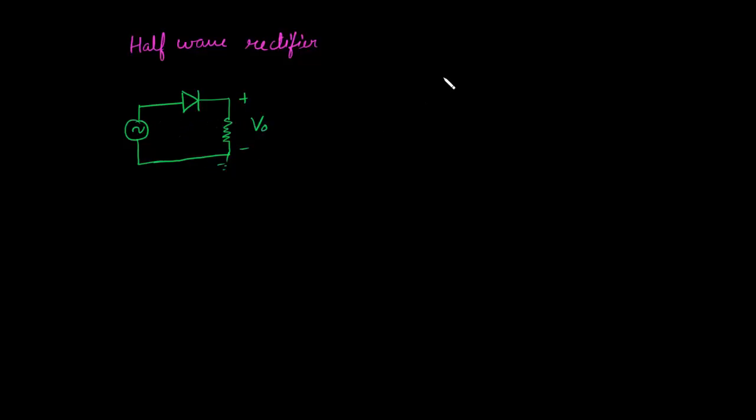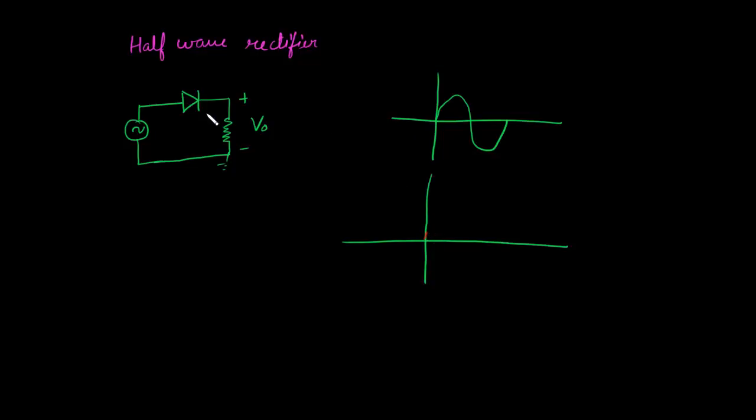So if the input signal is like this, a sinusoidal signal of one cycle, then the corresponding output signal for one period will be as follows. Here is V input, and here let's plot V output.